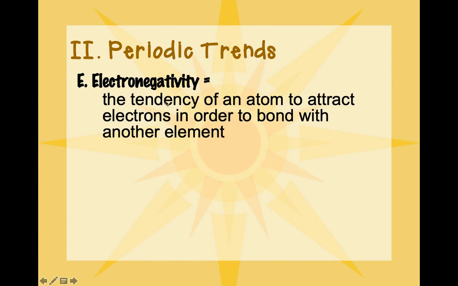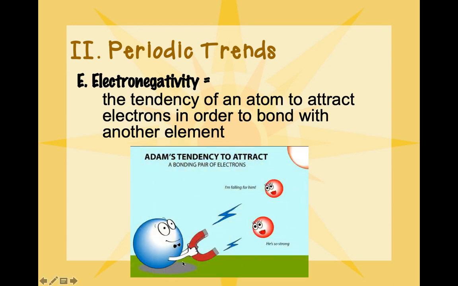It's the tendency or likelihood of an atom to attract electrons to itself in order to bond. That's the idea. Let me show you this. If this is an element, how strongly can it attract other electrons to itself? So, an atom's tendency to attract, of course, is a little silly, personifying an atom.